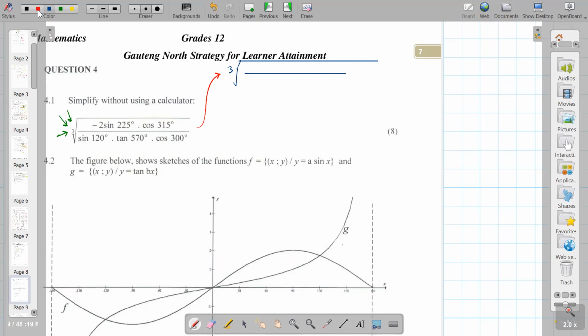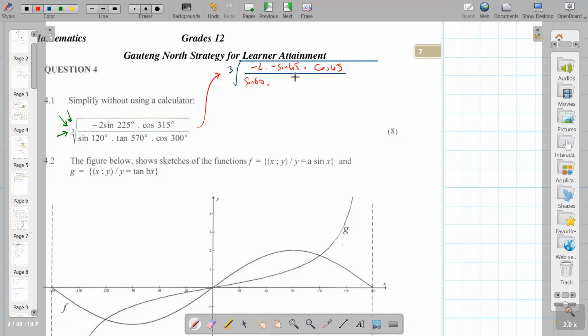Now, what is going to be inside? -2, it doesn't change, -2. Sine 180 plus, so sine is negative in that quadrant, sine 45 is special angle, don't worry. And cosine 360 minus, cosine is positive, just write cosine 45. So that is done. And denominator, sine 120, 180 minus 60, sine is positive, sine 60.